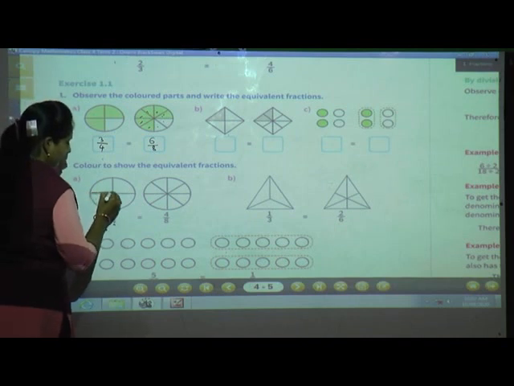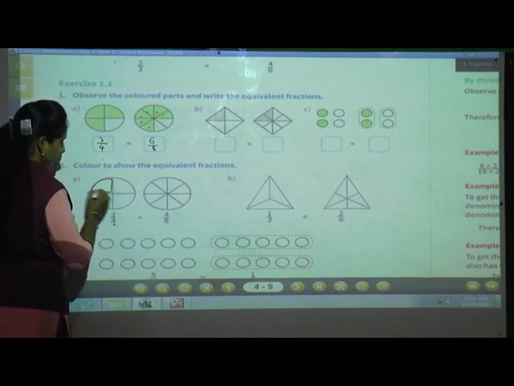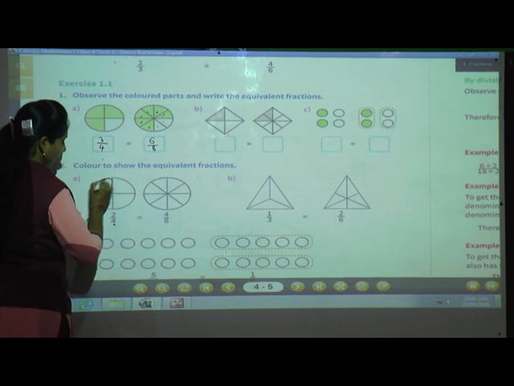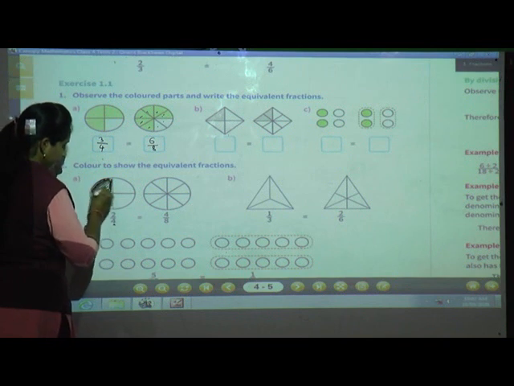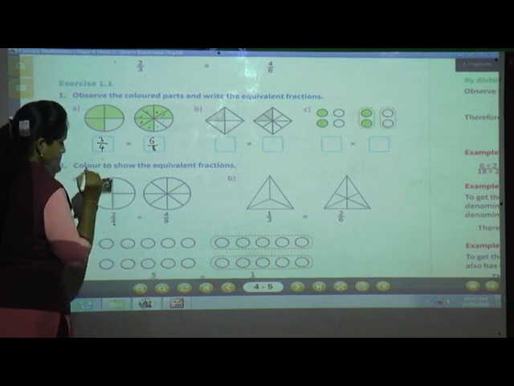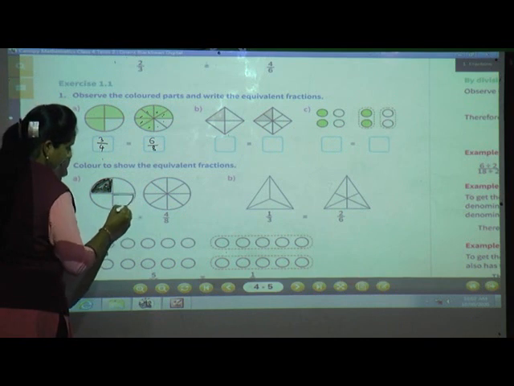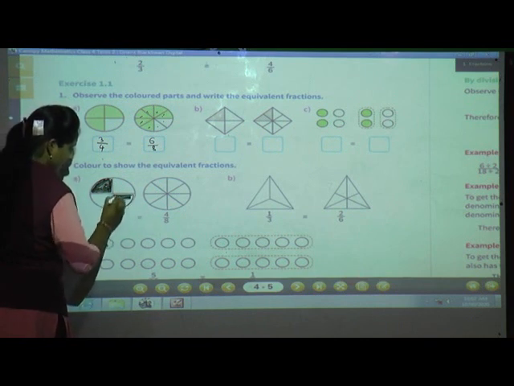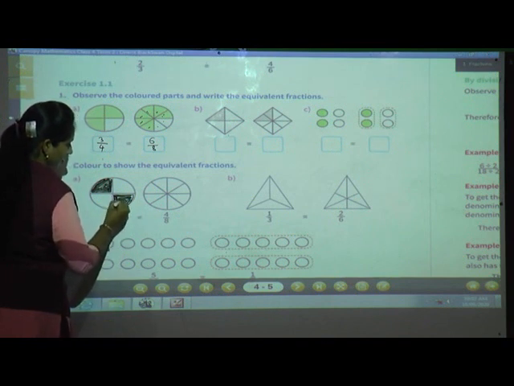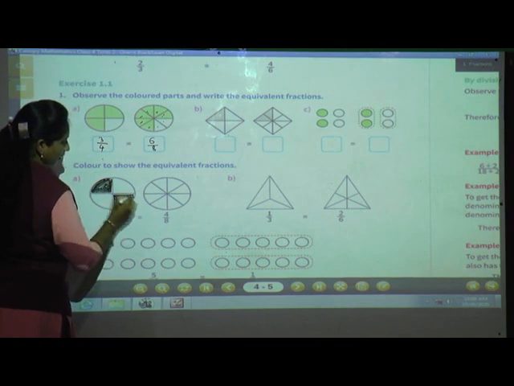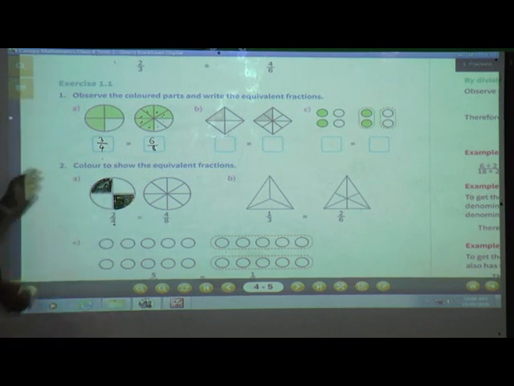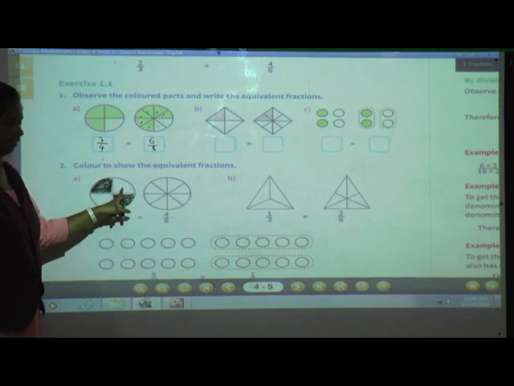So wherever you like you can color, but only 2 parts you need to color with the pencil. See, I would like to color here. Okay, in this way. You can color here also, here and here.